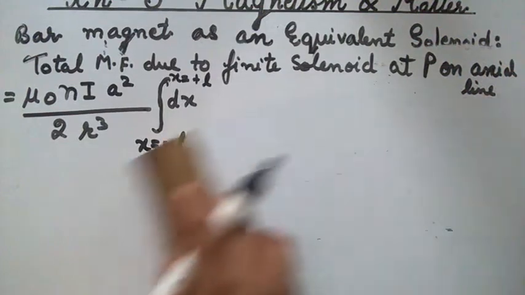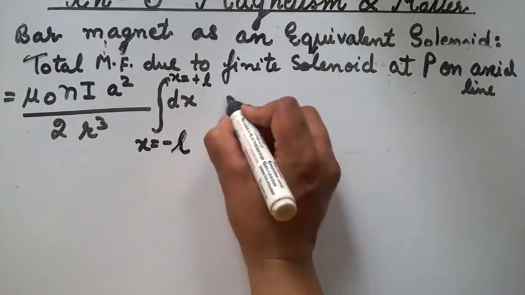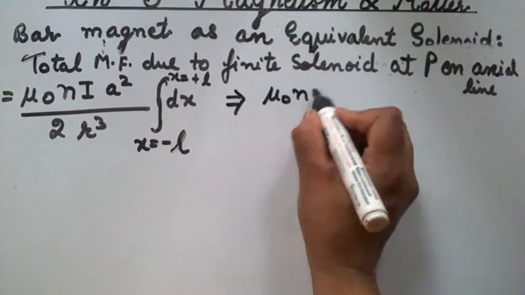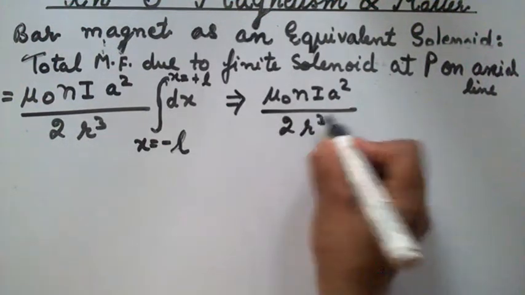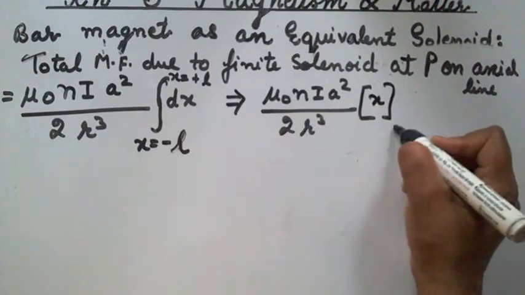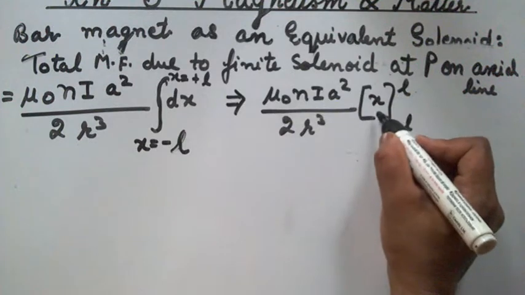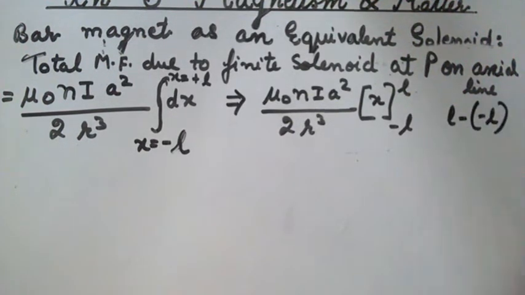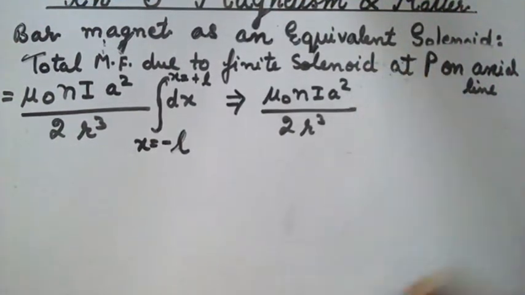is equal to mu naught n I a square by 2r cube into x. Now when we substitute the values, it is L minus minus L, that is equal to 2L. Therefore, we can write directly 2L here.